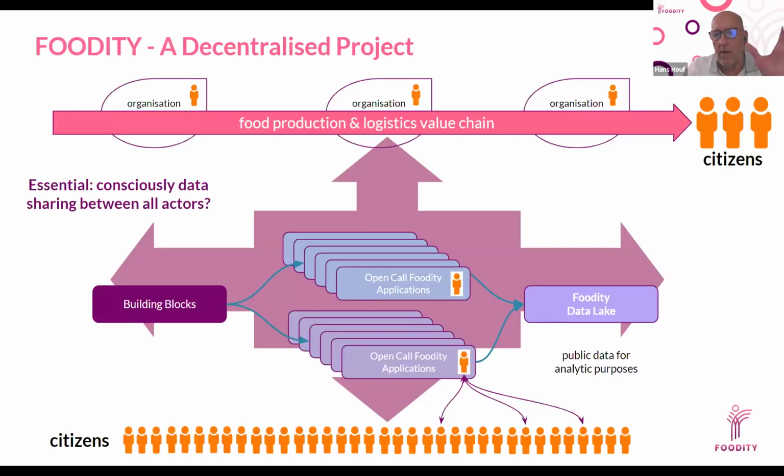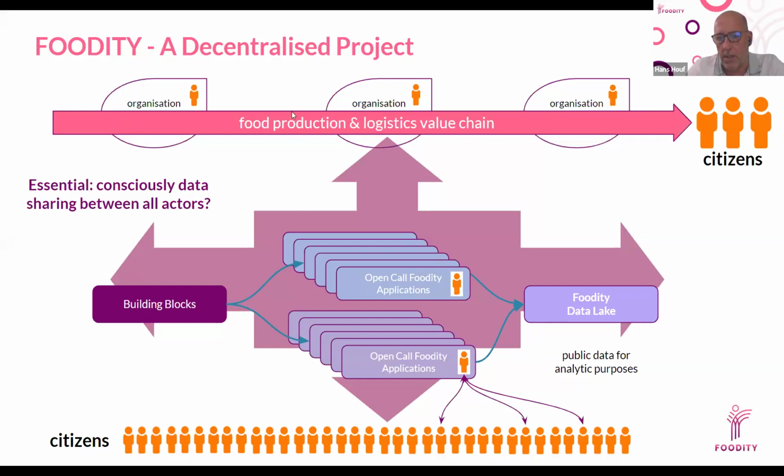So very quickly, my vision of the FOODITY project. It is a project which is really focused on the whole food production and logistic value chain. Many organizations are active, but in the end, it produces food for citizens. And we put our open calls in the center.